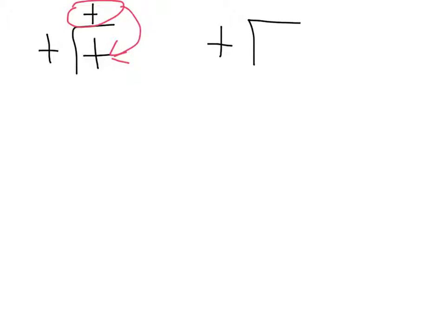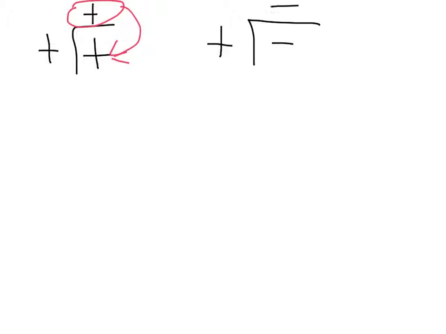So if you have a positive dividend and you're dividing it by a positive divisor, a positive times something will equal that positive. Well, a positive times a positive will equal a positive. Same situation goes if you have a positive as the divisor and the dividend is a negative.